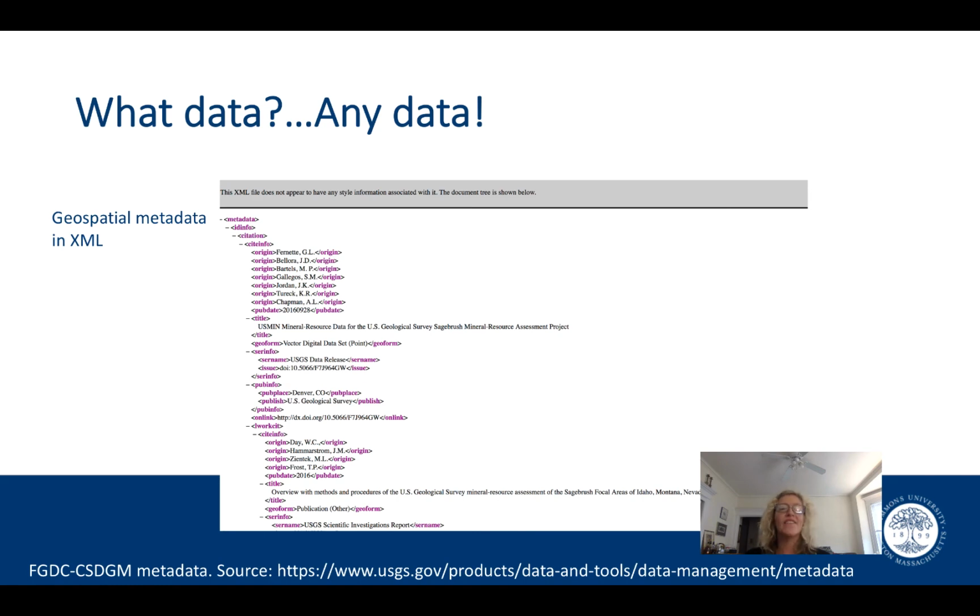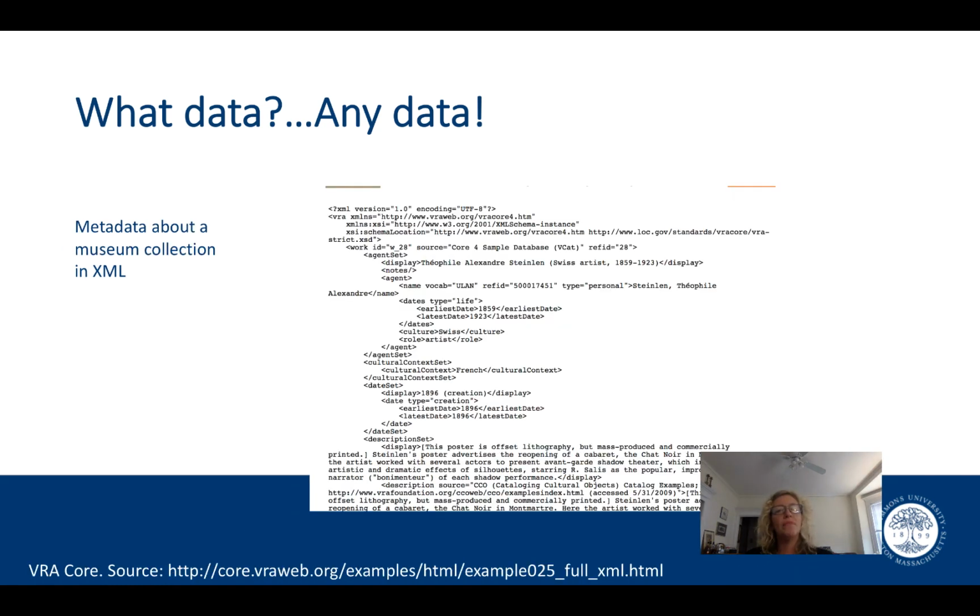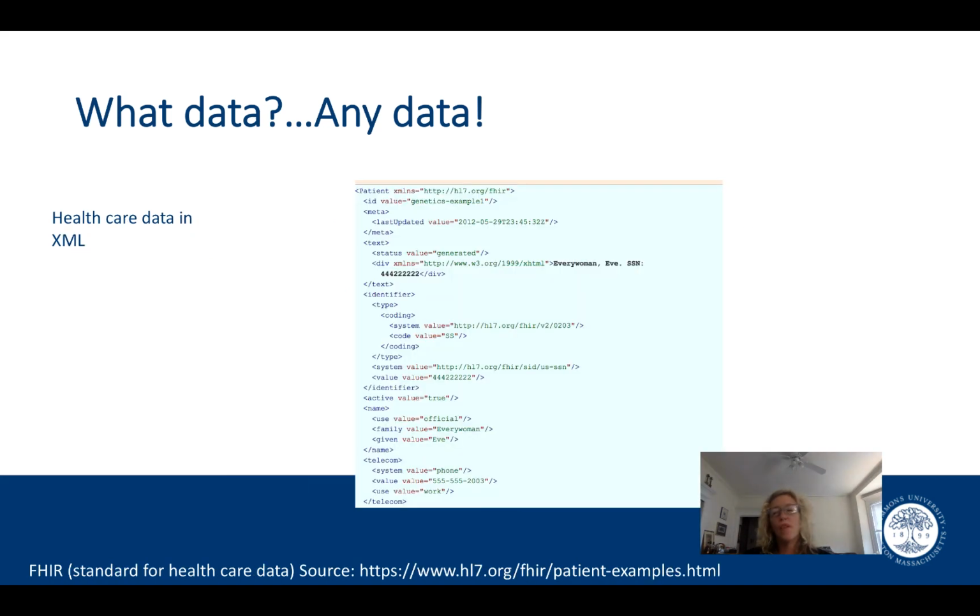Geospatial metadata, an XML file. And here's metadata about a museum collection that's written in XML. So it is widely used, especially in LIS environments and organizations. And that's why we're teaching it to you, or teaching you a little bit about it.